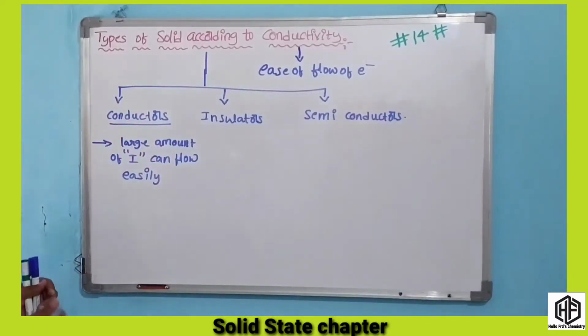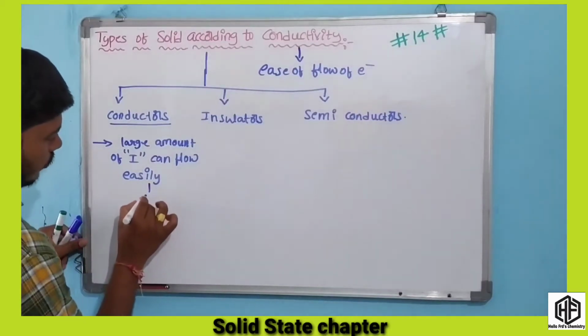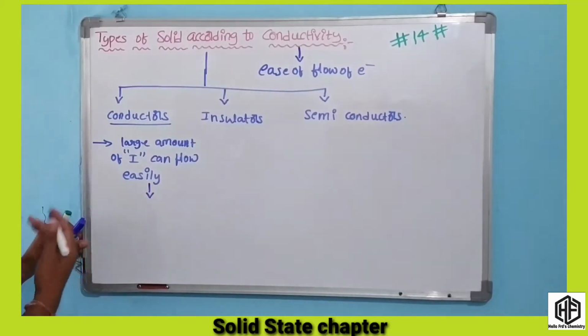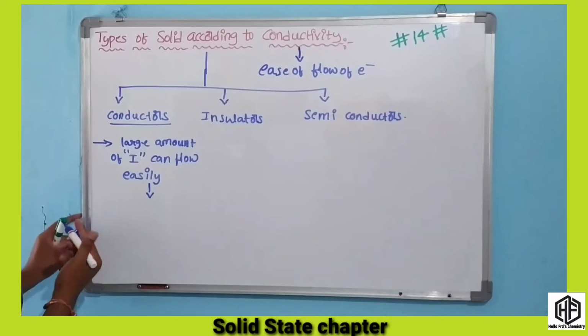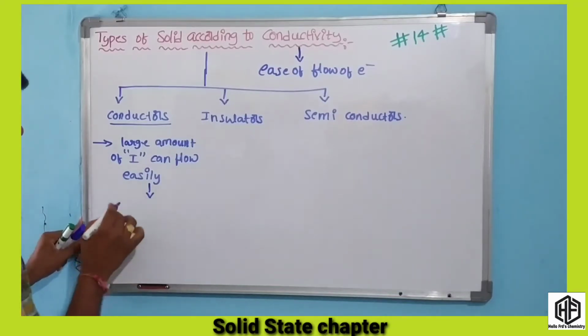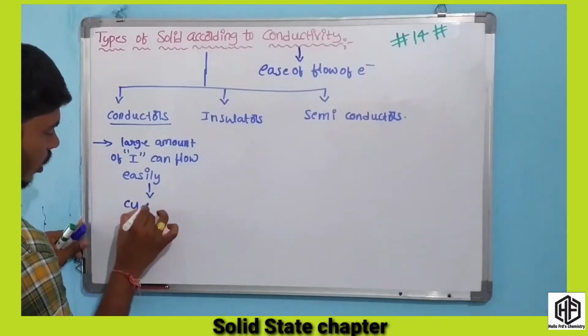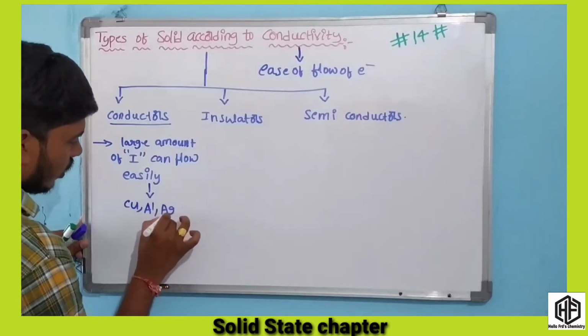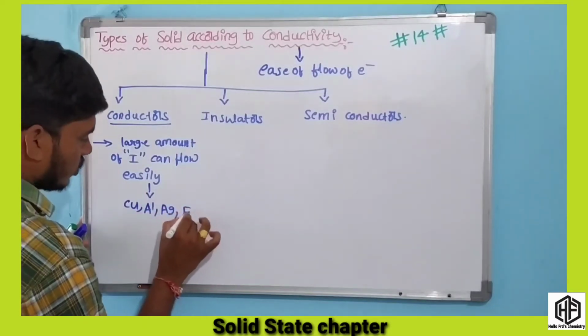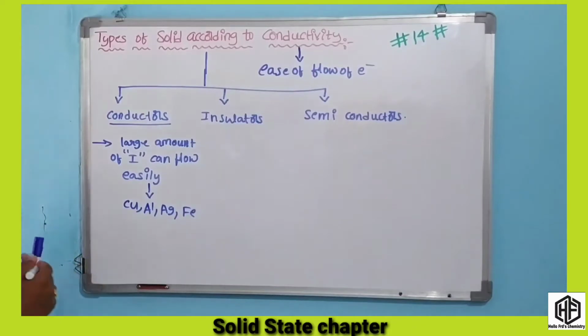That is called conductors. What are the examples of conductors? Those solids that act as conductors are copper, aluminum, silver and ferrous. These are the examples of conductors.